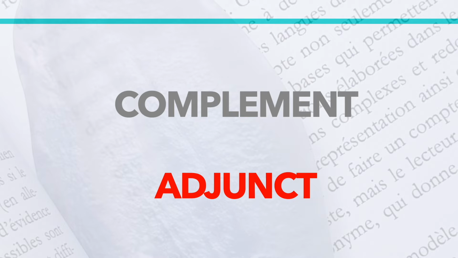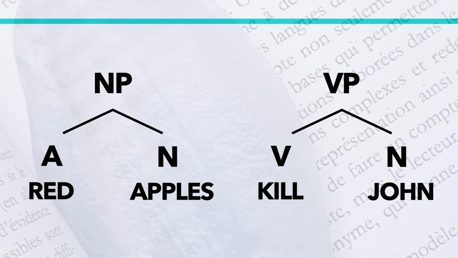What if there aren't intermediate levels? Let's see what happens. Look at the structures of red apples and kill John. Those two phrases have the same structure without postulating intermediate levels.